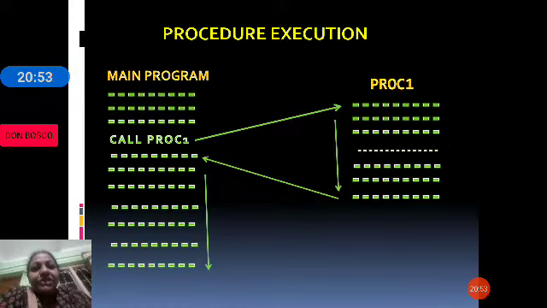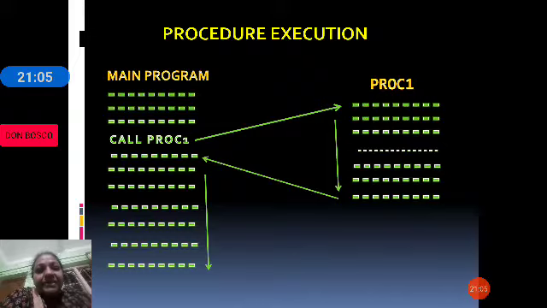As I told you, there is one main program and there are n number of procedures. Procedures are nothing but small programs. From the main program, a procedure is called and that will get executed. Whenever you want to run that small program, you will call it from main.